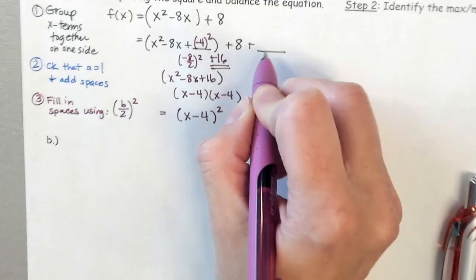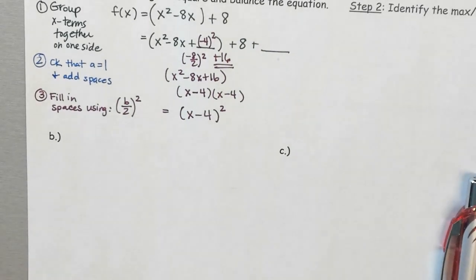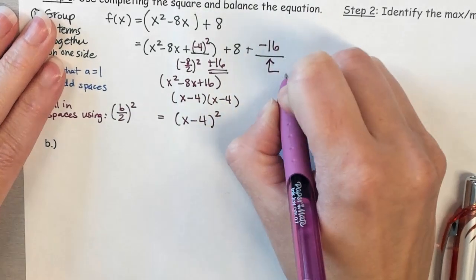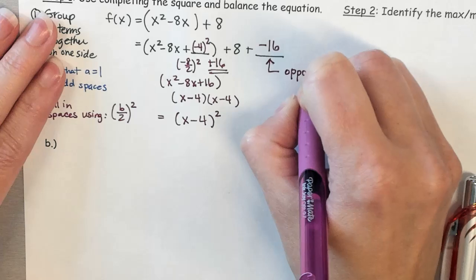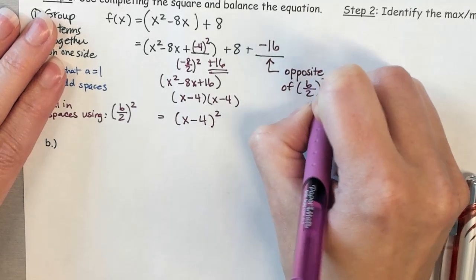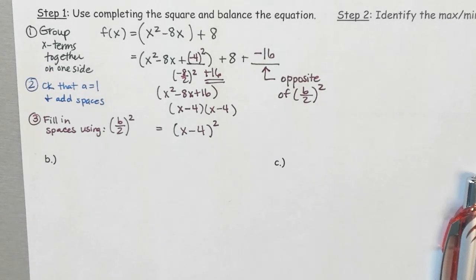How can I balance that on this side of the equation? You have to subtract 16 now because you're on the same side. So you do the opposite. So whatever is here is the opposite of b over 2 squared. Okay, and again, that's on the same side.